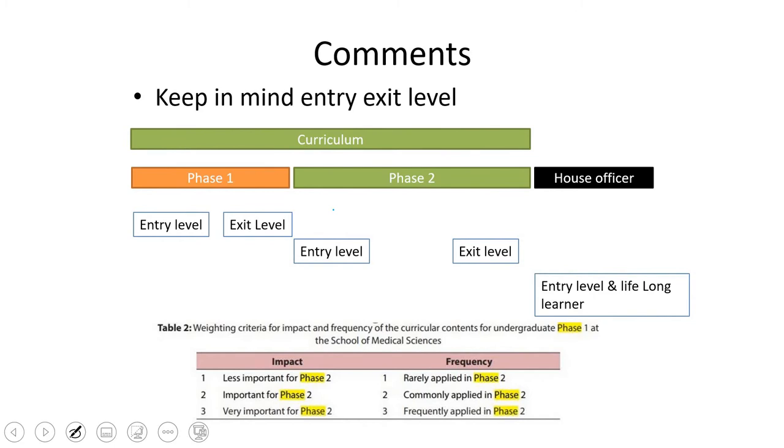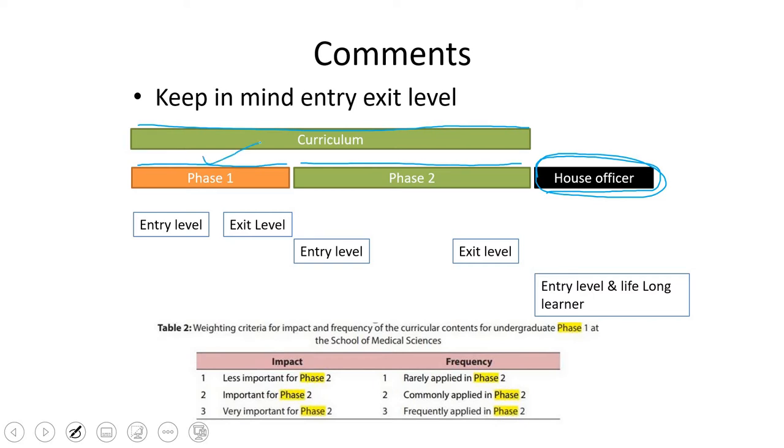Let us go ahead with an MBBS curriculum. In the first year, this is phase 1, the preclinical sciences portion, and this is the clinical sciences portion. When he graduates from MBBS, he becomes a resident or house officer. So this is the longitudinal curriculum duration, divided into the preclinical phase and the clinical phase.